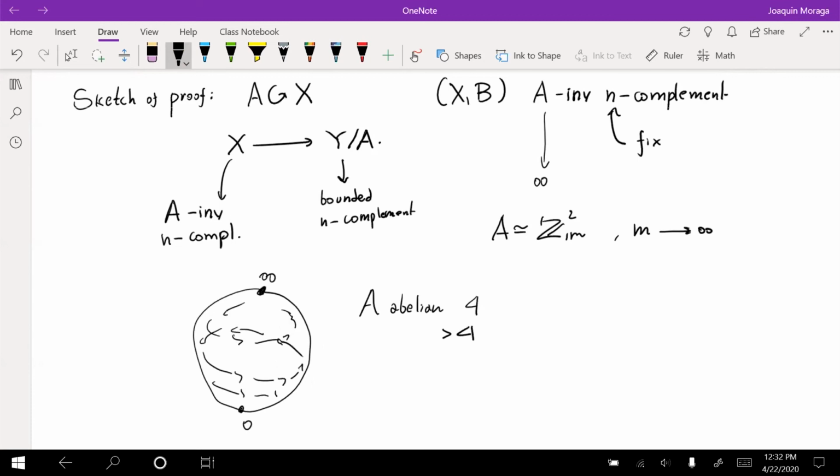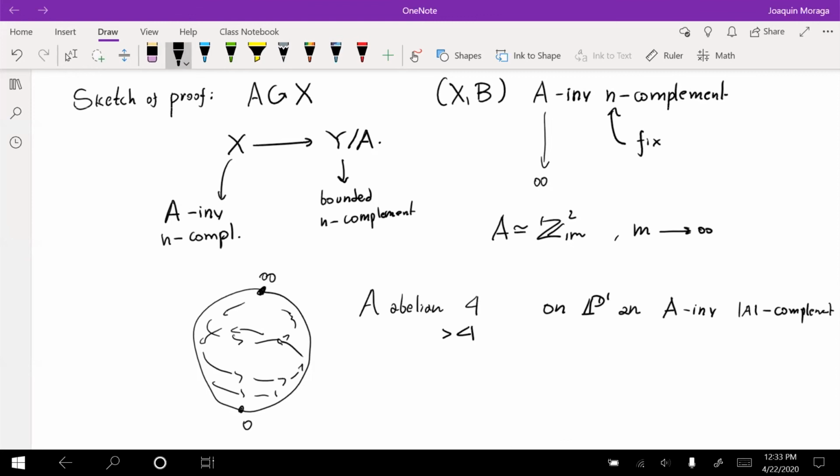Okay? So this tells you that on P1, an A-invariant 1 over |A| complement can only be 0 plus infinity.